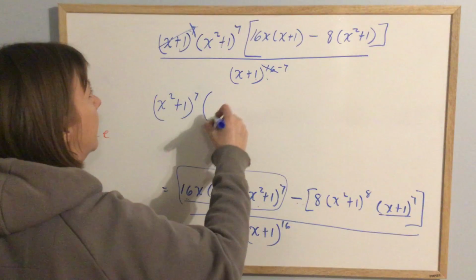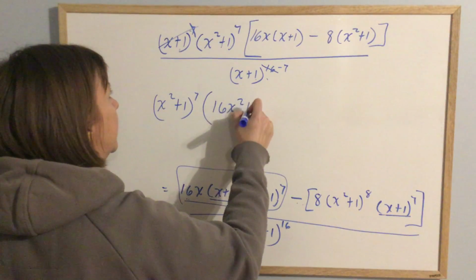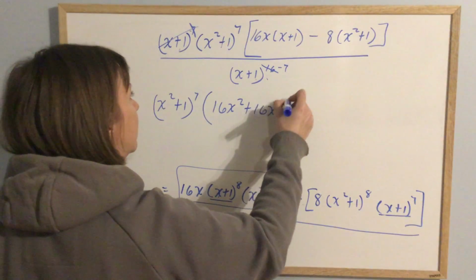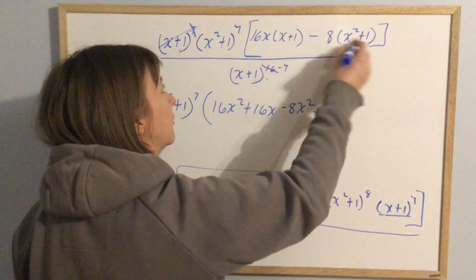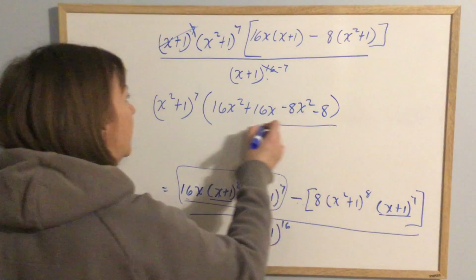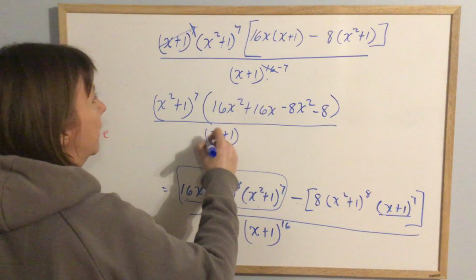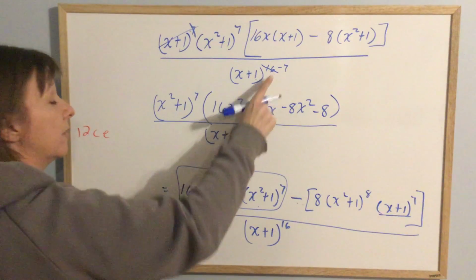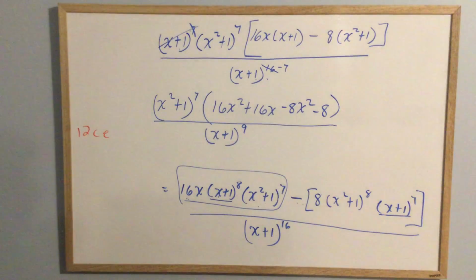Here I have 16x squared plus 16x minus 8x squared minus 8, because I just expanded all of that, all over (x plus 1). Now I took 7 of the 16 away, which means I just have 9 of them left.